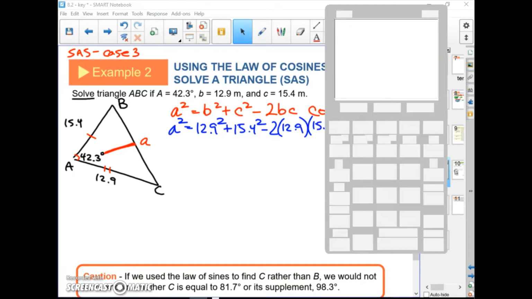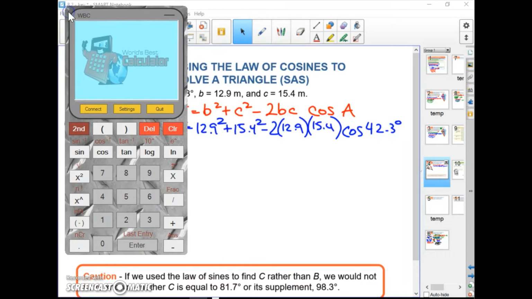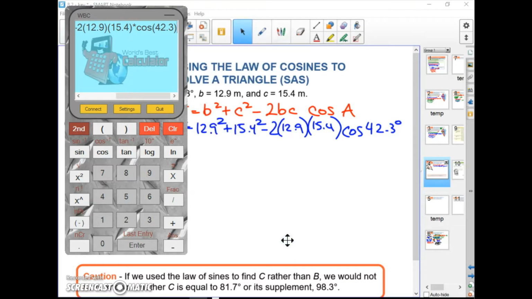Let's type that in and see if we can come up with the right number here. Make sure we're in degrees. Did you get about 109.7?